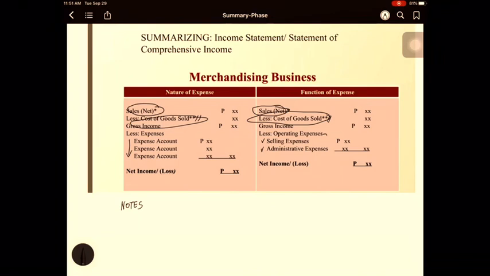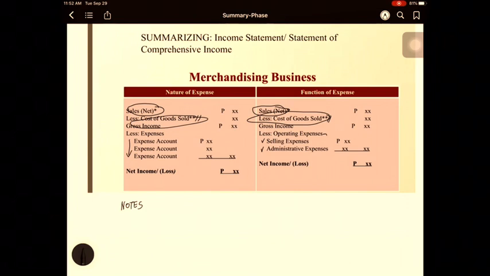Actually, this is one of the components of your notes to financial statements. You may be allowed to compute the net sales or the cost of goods sold directly in the income statement or the statement of comprehensive income. However, many businesses still prefer to separate the computation for the net sales and the computation for the cost of goods sold, and they are going to be reflected as part of the notes to financial statements.